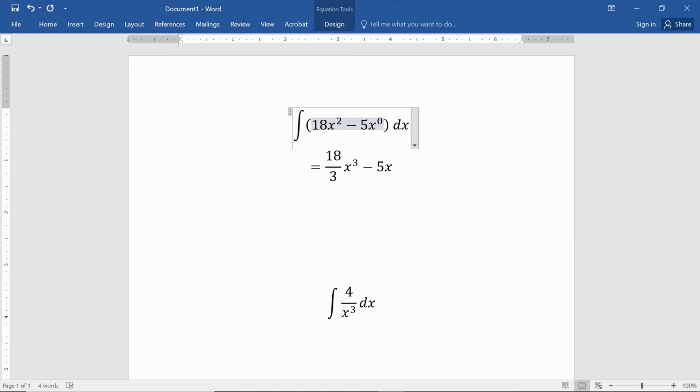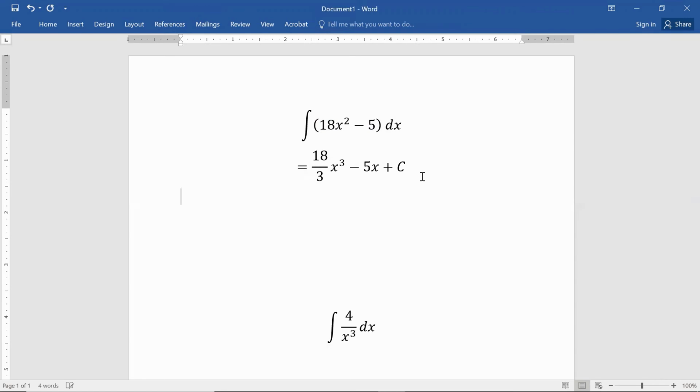So in order to take an antiderivative of negative 5, I want to basically just tack on an x so that when I take the derivative, I get negative 5 times x to the 0, which is just negative 5. So if ever you're finding the indefinite integral of a constant number, you just take that constant number times x. And then we always have to tack on our arbitrary constant of plus c.